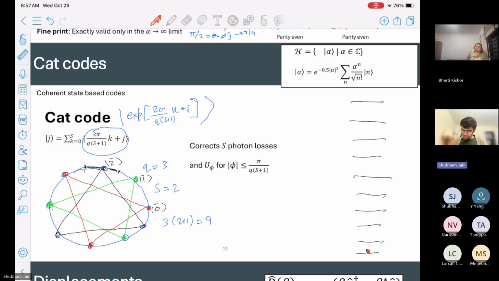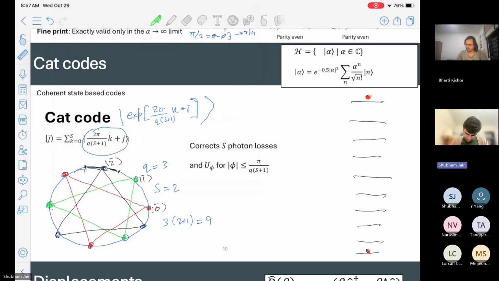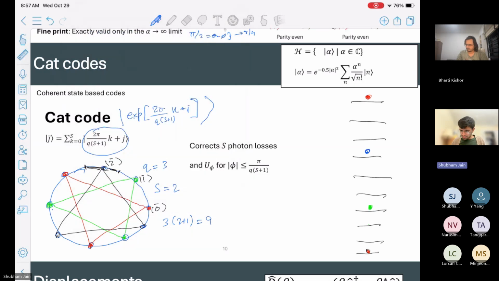So this would be 1, 2, 3, 1, 2, 3. Yeah, so there is now a separation of three, so that even if two loss errors happen, this blue state doesn't go to the green state, and the same for everything else. So this can actually correct against two loss errors.